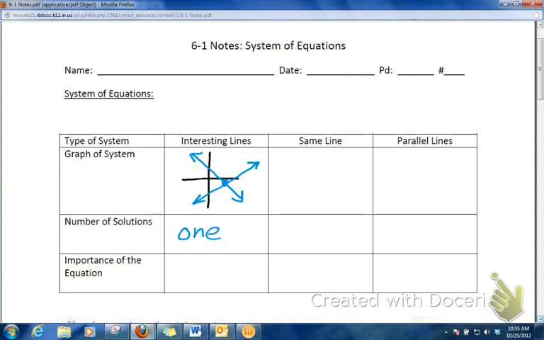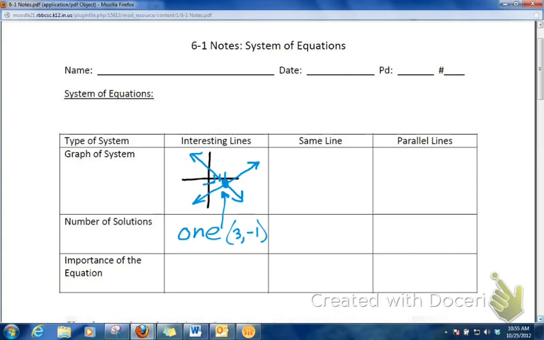Let's pretend that point is (3, -1). The two lines crossed at the ordered pair (3, -1), so that means you have one solution.